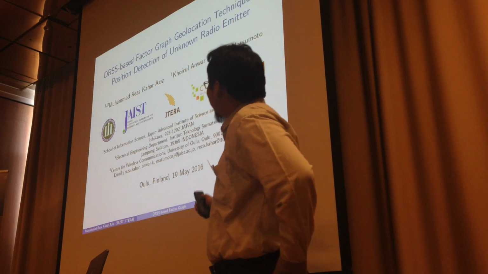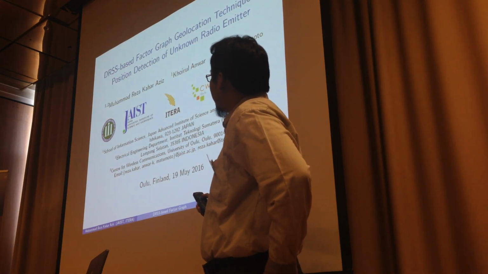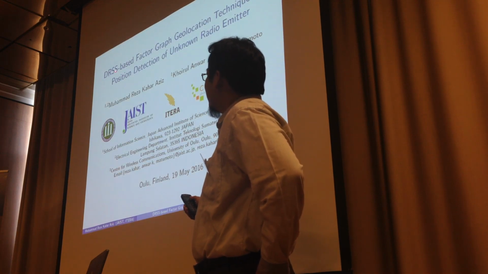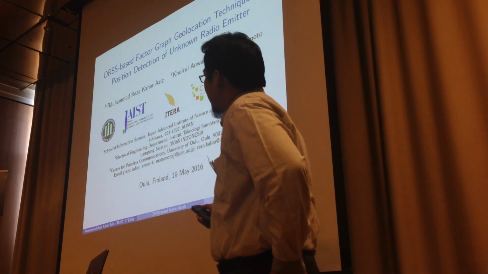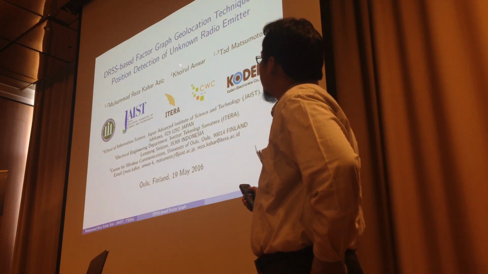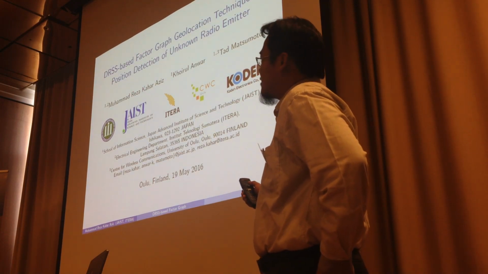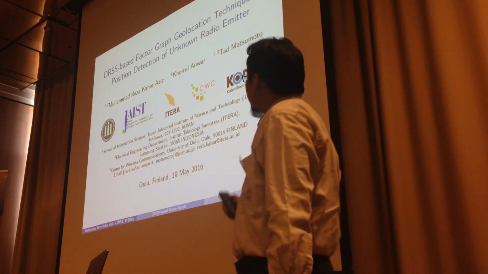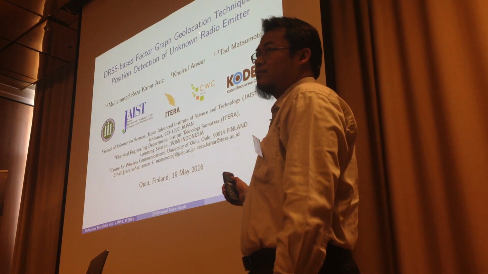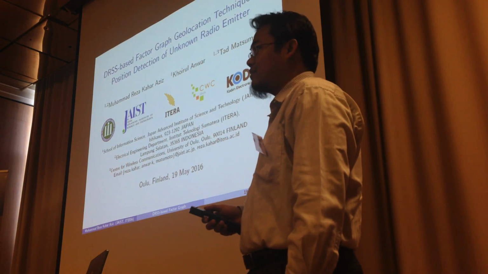Okay, my presentation is about the DRSS, the differential received signal strength based factor graph for geolocation and position detection of the unknown radio emitter. The emphasis is on unknown. Unknown means something like illegal radio.